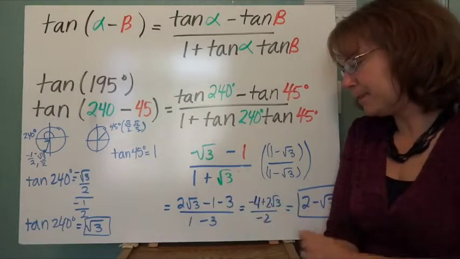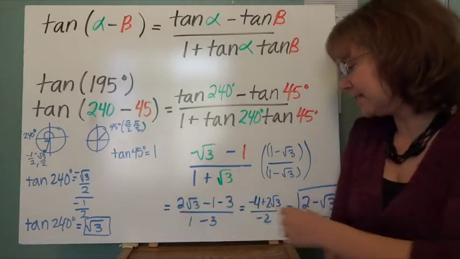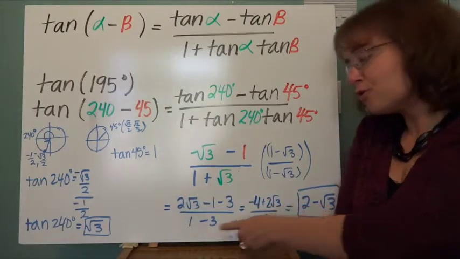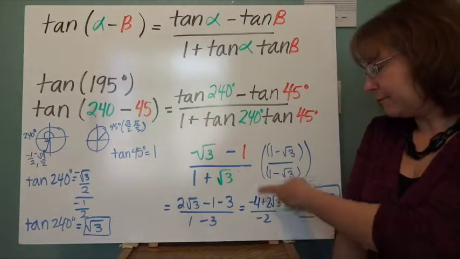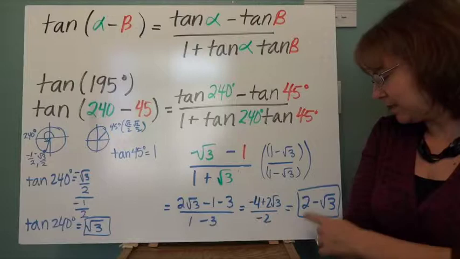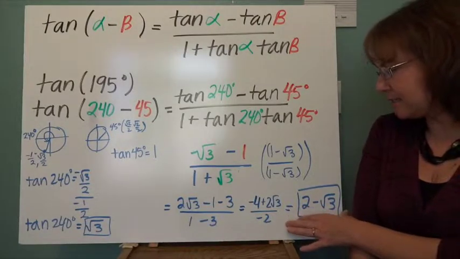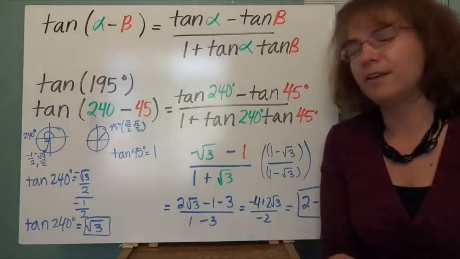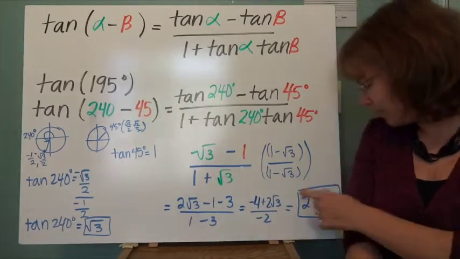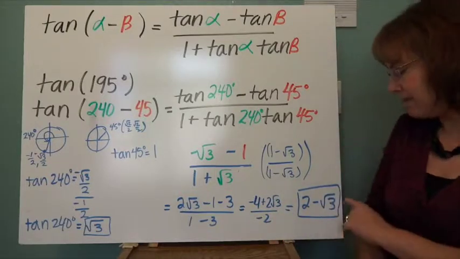So this negative 1 plus the negative 3 is negative 4, plus, this one's positive, 2 rad 3, all over negative 2 because I have a 1 minus 3. And then dividing by negative 2, each of those terms, I have 2 minus rad 3. And that's in a lot simpler form than my original equation. Although this one would be very easy to plug into a calculator, but if you don't have a calculator, you can just rationalize the denominator, make it simpler.